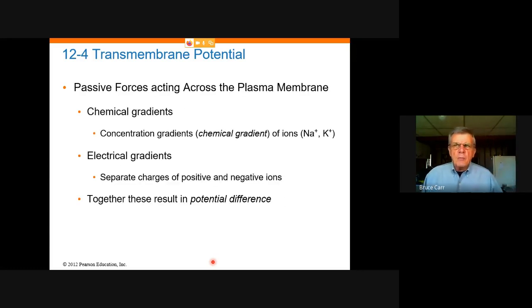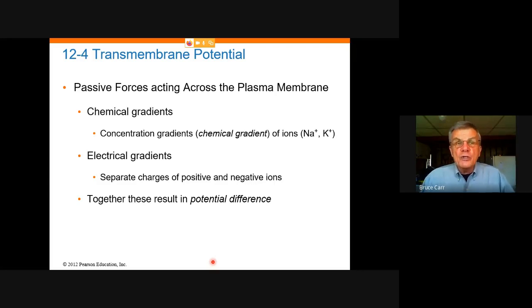So across the plasma membrane, we have chemical gradients, which establish a difference in concentration and a situation where diffusion can be an important force. You remember diffusion, if an ion can move, it will move from high concentration to low concentration.